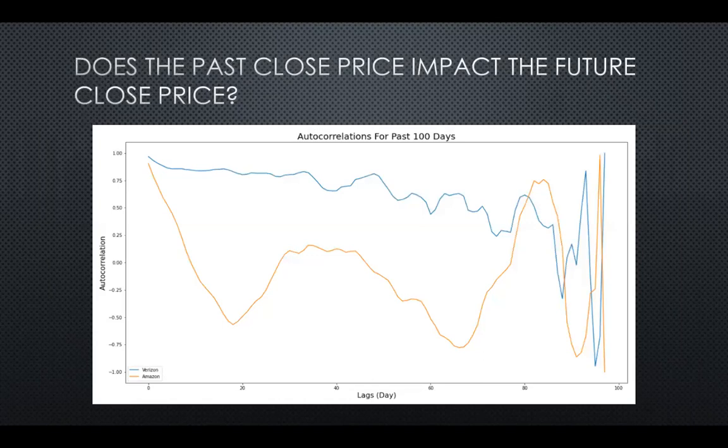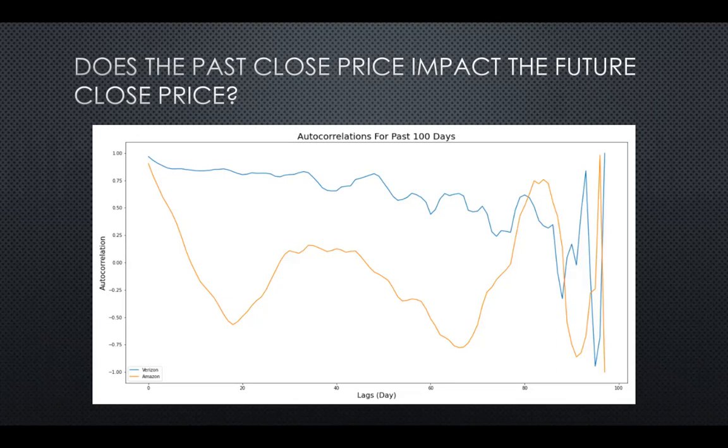Does the past close price impact the future close price? So I performed 99 autocorrelations for the past 100 days for Verizon and Amazon. Verizon's closing price has a positive correlation with the past price, so the past price does impact the future price. This could be due just to that constant negative drift, as you saw in the time series plot.